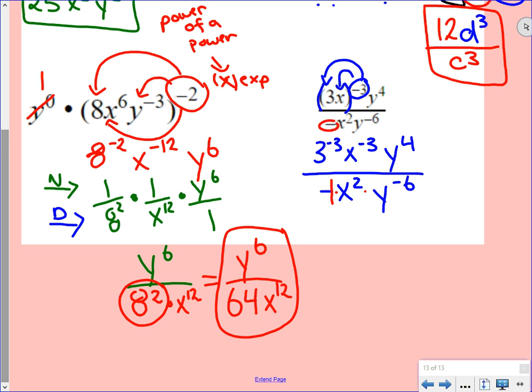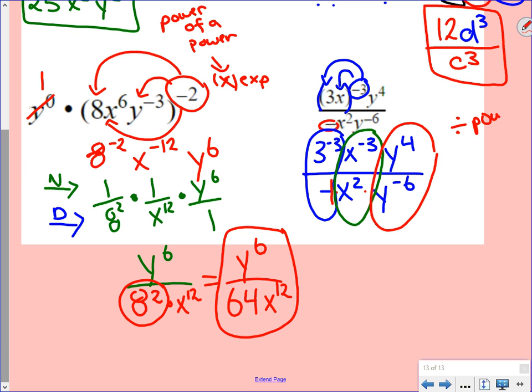Now we can simplify. Group together your like terms. So we have numbers, x variable, and y variable. Division. When we're dividing powers, what do we do with our exponents? We subtract our exponents. So we're going to subtract our exponents.